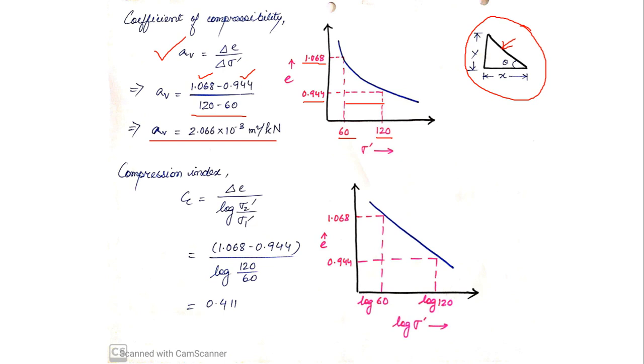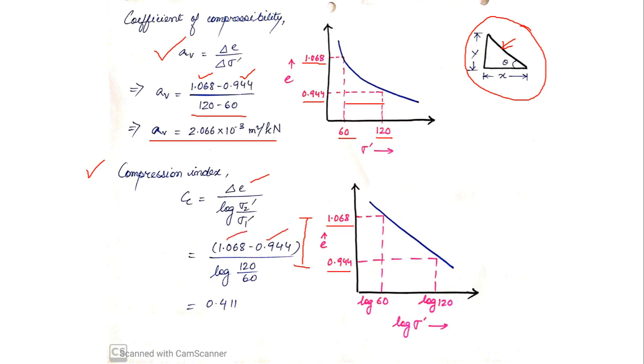Similarly, if we look at the compression index, it will be simply the slope of the curve. I am not concerned with the nature of the curve, so I do not put a negative sign over here. Delta e, that is y, will be this distance, which is 1.068 minus 0.944.